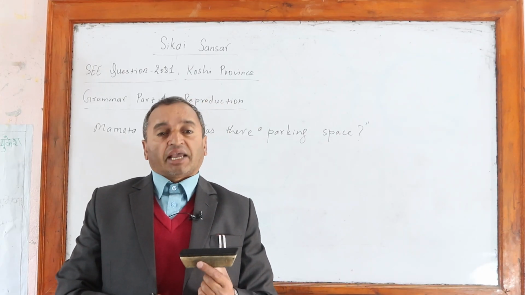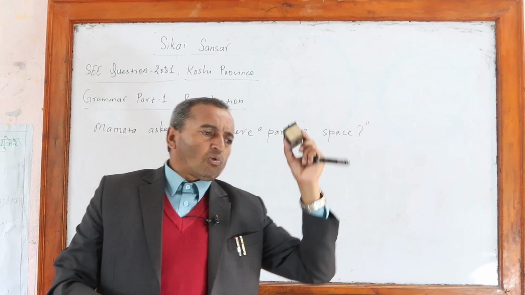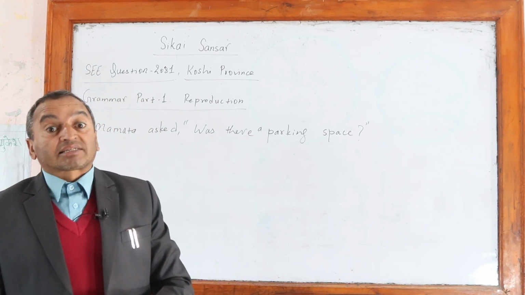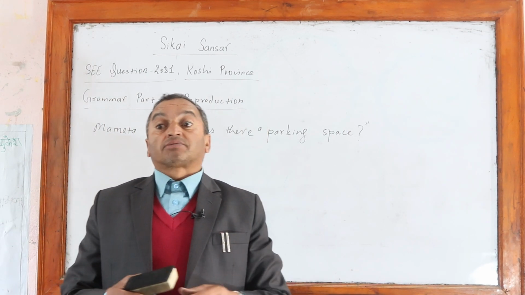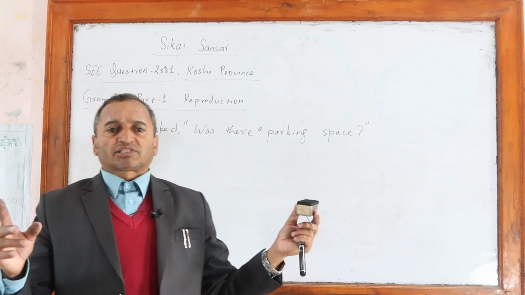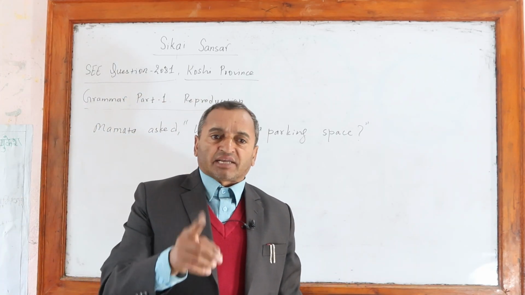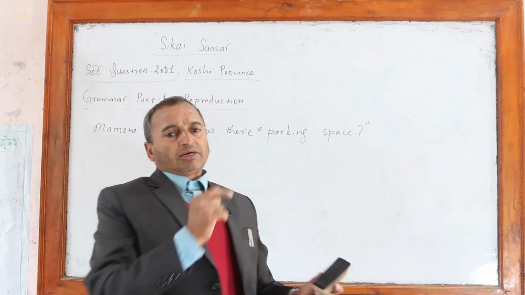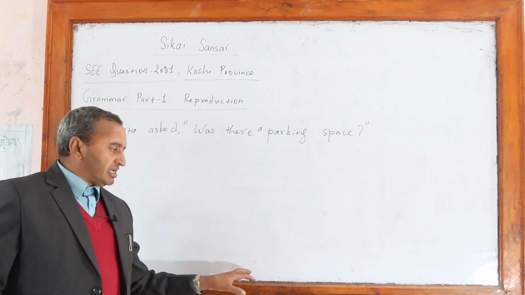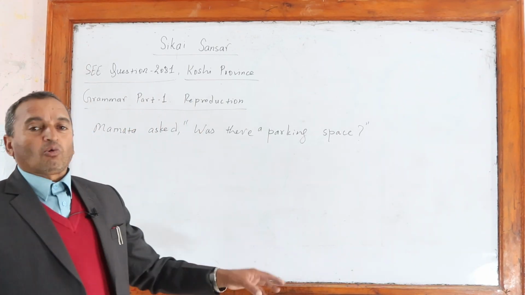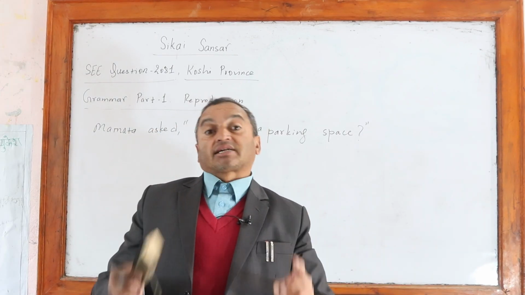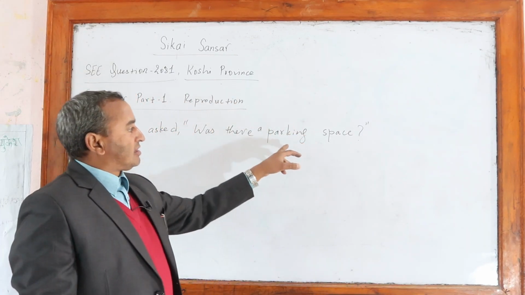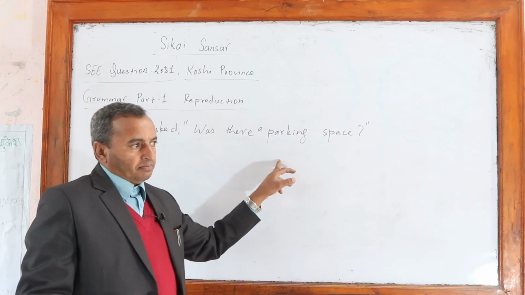Now we have to change it into indirect. What happens in indirect? The message is transformed indirectly, the direct words may not be there, but the message is the real one. For this we have to know what sentence and what tense is given in the problem.